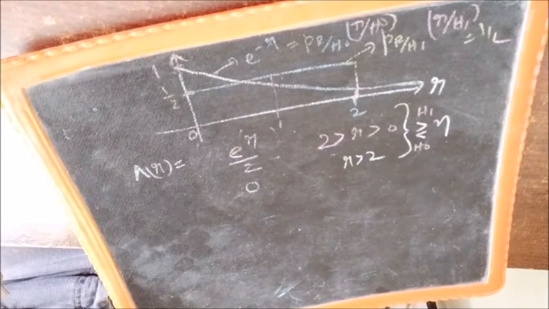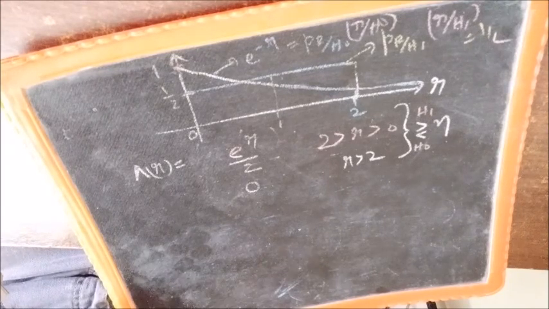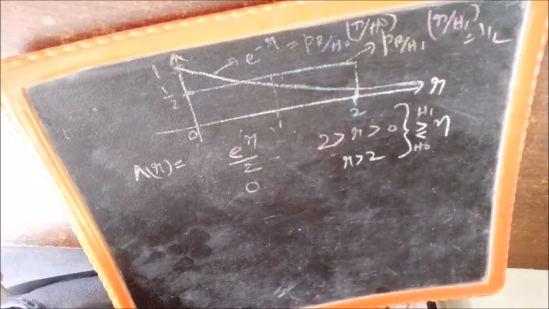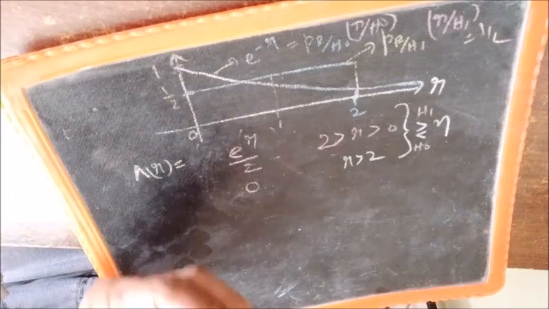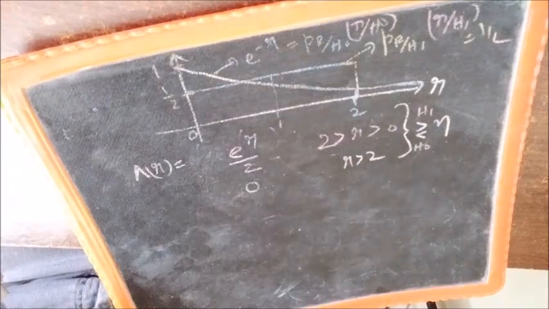So this is the way a decision is taken. Just to add some theory here, suppose you receive some value r.